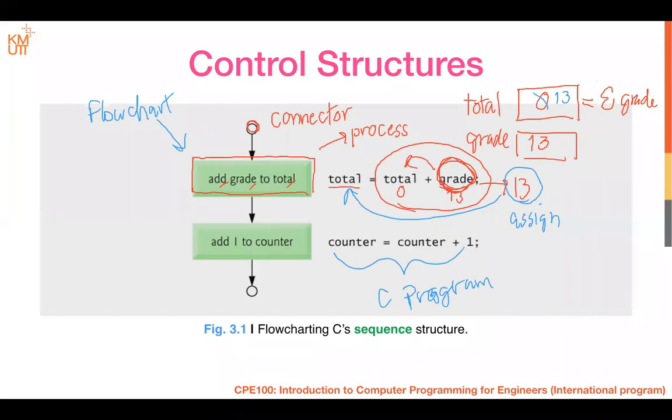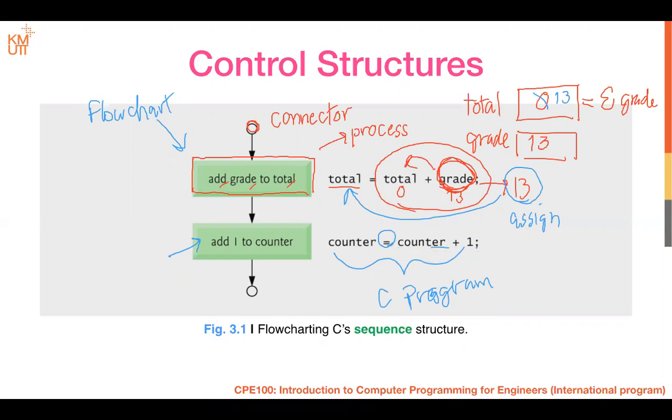This other process can be written in a rectangle again, so it's called a process. If you want to add 1 to counter, which is another variable, you can use counter equal sign, counter plus 1.